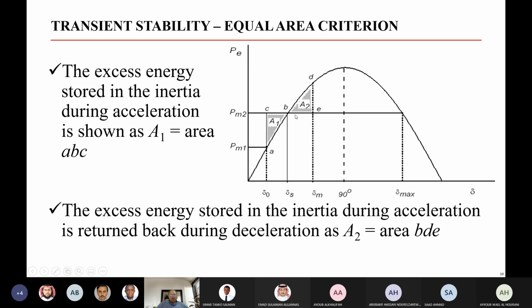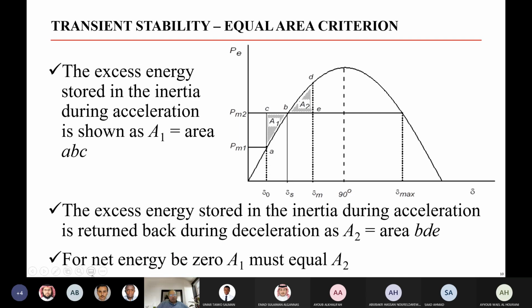So we can calculate A1 and A2. For the net energy to be 0, this is the stability condition, the acceleration must equal the deceleration. So for the net energy to be 0, A1 must equal A2. You can calculate A1 as this rectangle minus the area under the curve, and also A2 as the area under the curve minus the area of this rectangle.